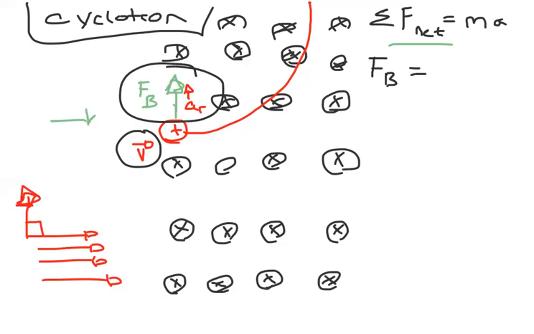The other thing, I should have done it up here: because we're moving in a circle, we need to make sure that this isn't just acceleration, but radial acceleration, because it's not translational.